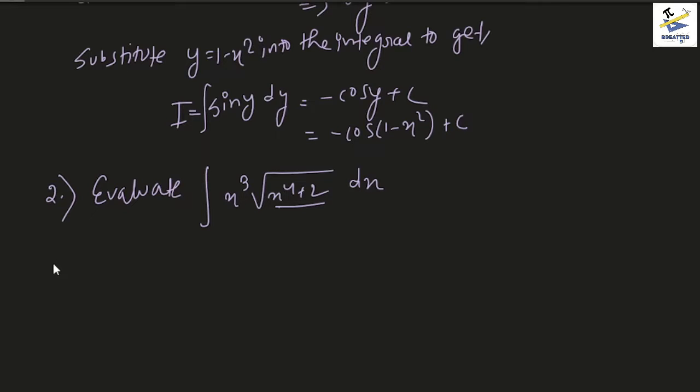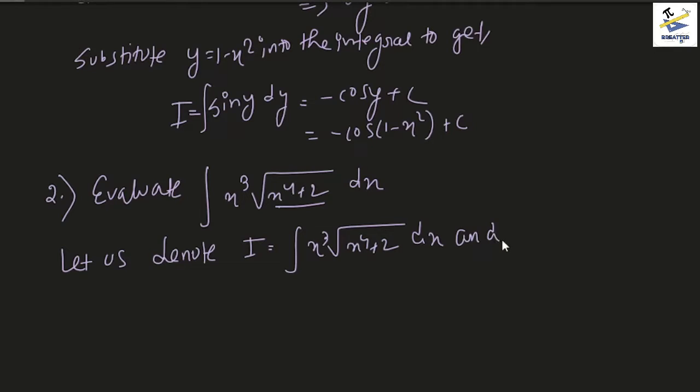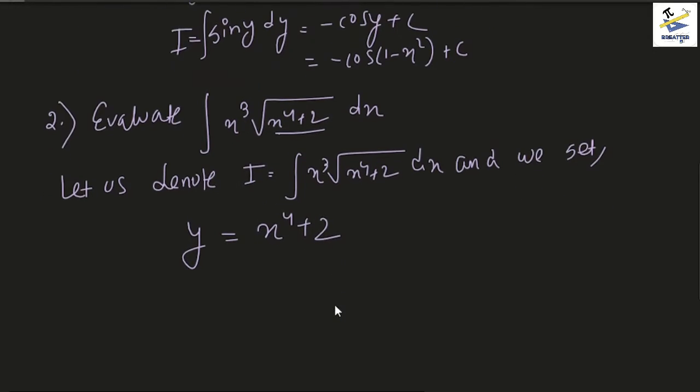What we are going to do is this. First, we denote the integral by capital I, which is the integral of x cube into root over x to the power 4 plus 2 dx, and we set y equals x to the power 4 plus 2, because when we differentiate both sides, what we get is dy equals 4x cube dx, right?